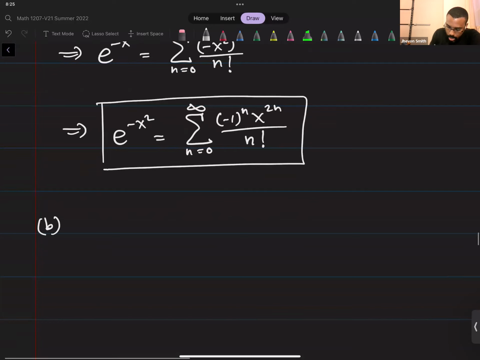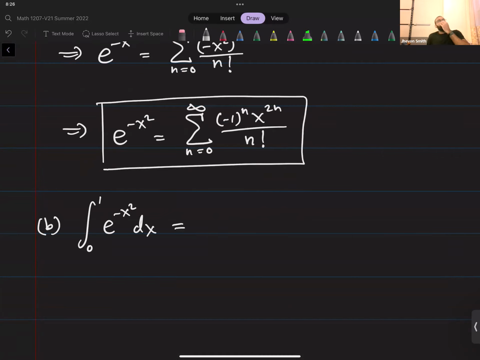Now we want to integrate 0 to 1 of e to the minus x squared. And by the way, remember e to the minus x squared is actually a very important function, like in statistics. Those of you who are taking statistics, you look up that table, you would have a normal distribution table in the back of your book. And it tells you, for each z-score, what is the area under the normal curve?